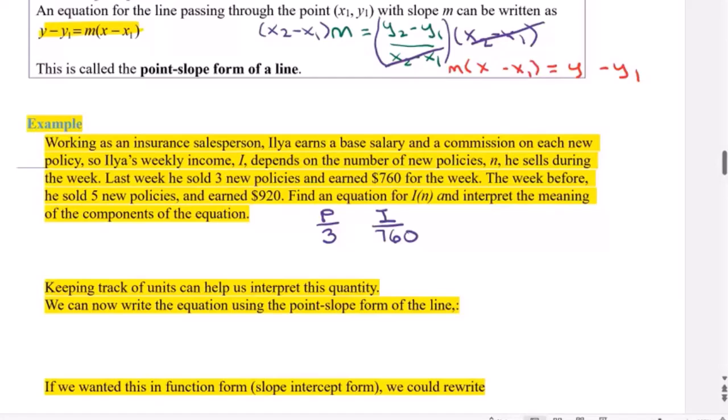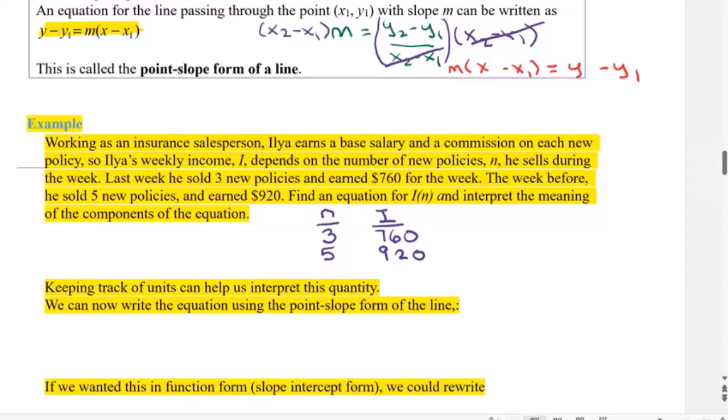When he sold 5 policies, he earned $920. And I want to find an equation for I of P. So that means that this is not P, this is N. We want to find an equation for I of N, so I have to name the number of policies N, and I would be the amount he earned.